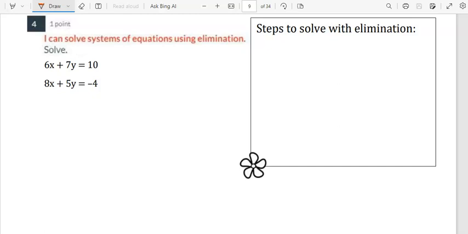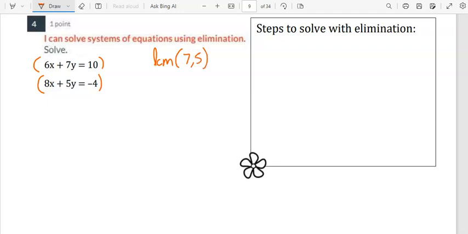So what we want to do is eliminate either x or y first. Let's eliminate the y. So to do that, we're going to multiply each equation so that the y's will cancel.